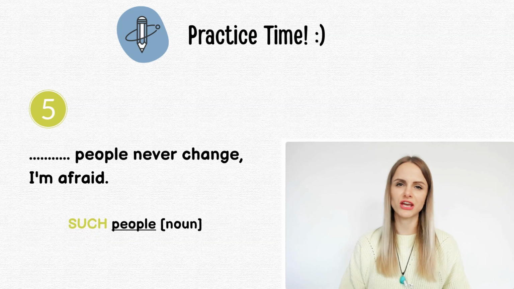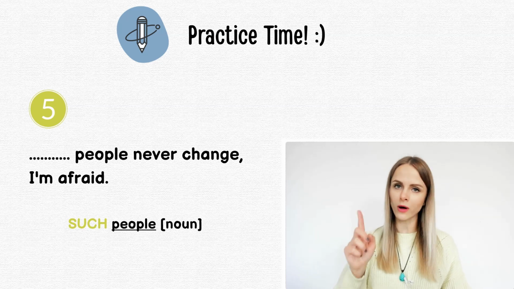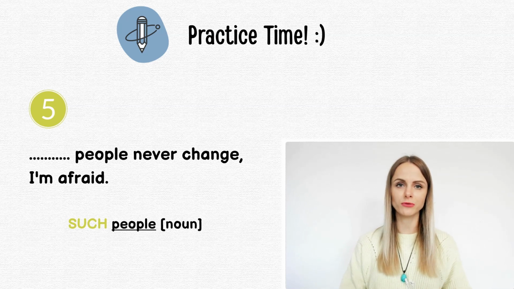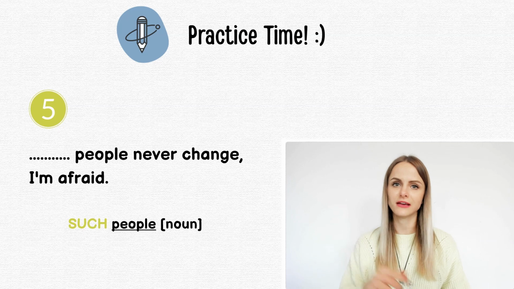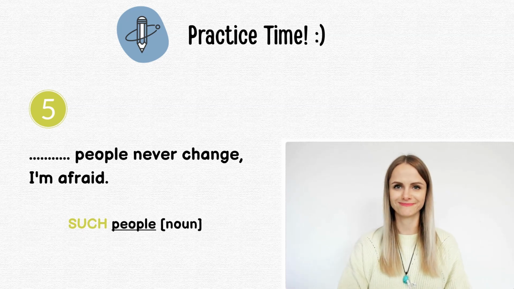Such people never change, I'm afraid. Such people. People, this is a noun, but it's a plural form. It's not one person. People. So we simply use such people without a, without n. Okay? Tacy ludzie nigdy się nie zmieniają. Next one.